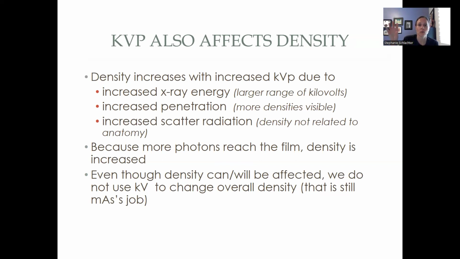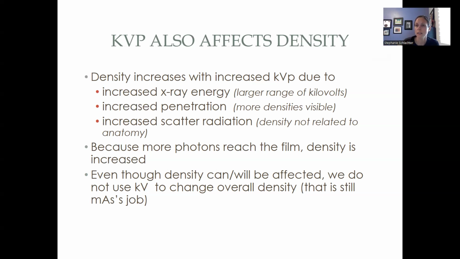So that energy increases, increased penetration, but we also will get more scatter from that. So that is something we have to keep in mind too. Remember, there's always some give and take here. So like I said, even though changing our kVp can affect our density, that's not the main thing we want to change if we are trying to change density, right?